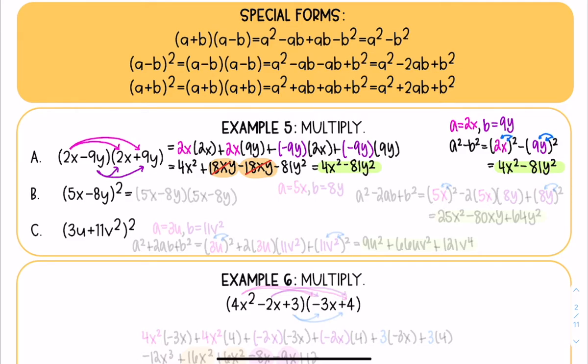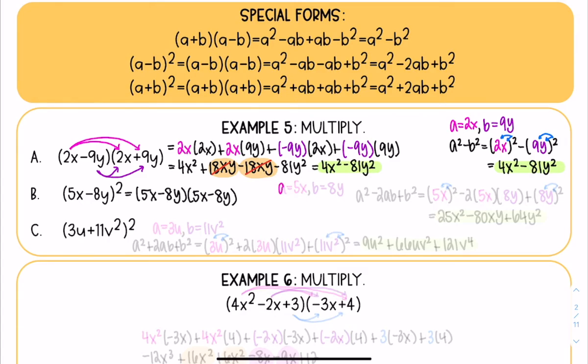So first thing you want to do is you're going to write 5x minus 8y times 5x minus 8y. And from here, then you can multiply as normal. I'm going to assume that you know how to do that. So let's go ahead and just use the formula.